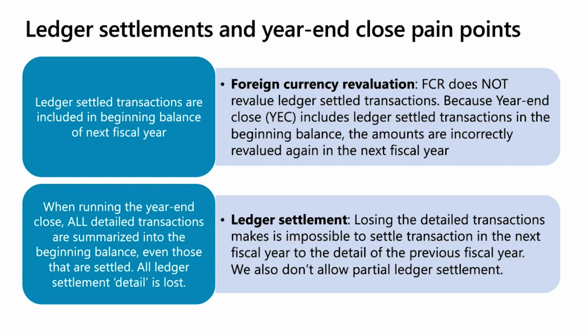And of course, that's problematic because that'll cause exchange rate gains or losses to be unnecessarily calculated through this foreign currency revaluation. Our second issue on the lower portion of the screen is the lack of ability to settle new transactions that happened in the current fiscal year to a detailed transaction from the past year.